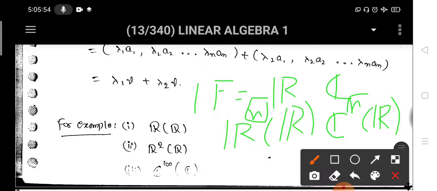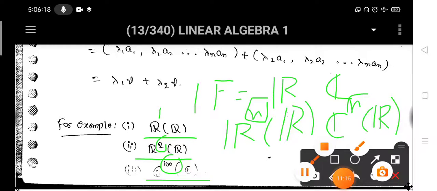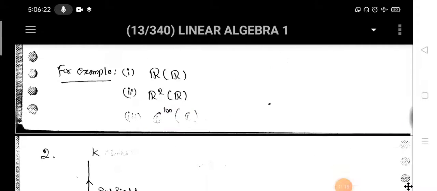We can take n as 1, 2, 3, 4, 5, any finite number, and we will always have a vector space over that field. Like R over R, where n is 1, R squared over R, where n is 2, and C to the 100 over C, the set of complex numbers with n equal to 100. From this example we can conclude that all these are vector spaces. So this is the very first example.